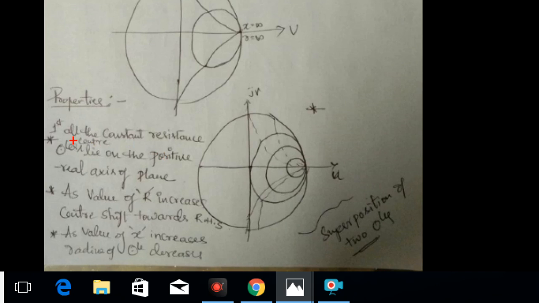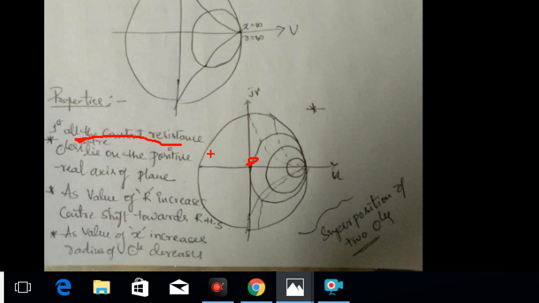First of all, the centers of the constant resistance circles lie on the positive real axis.